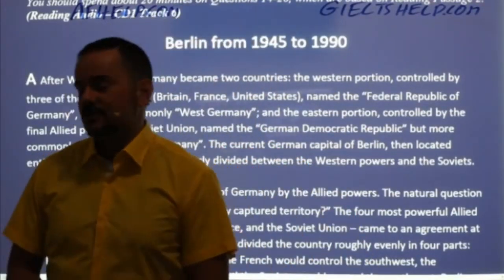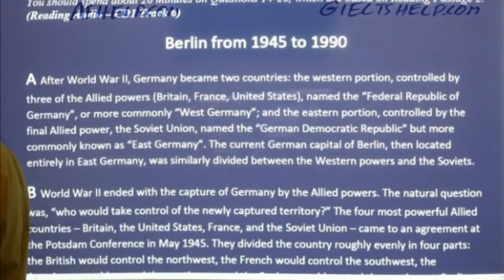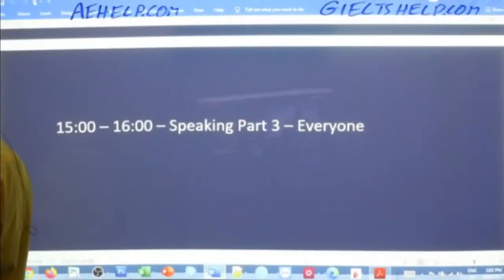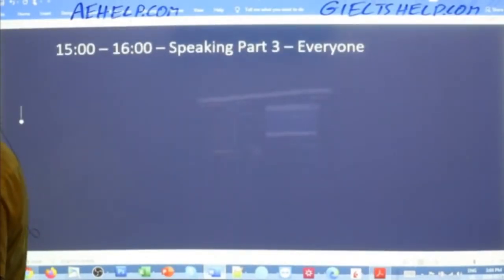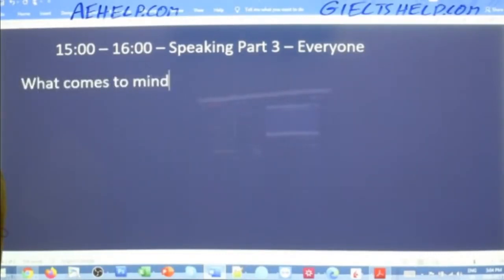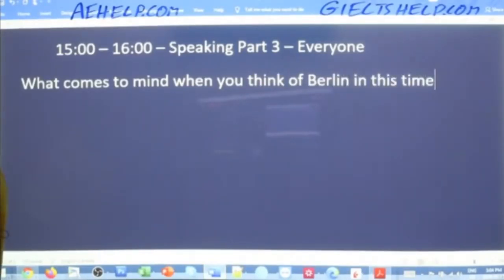Zen Frederick says Germany. Yes, of course, Berlin is the capital of Germany. So that's a good starting point. So what comes to mind when you think of Berlin in this time frame?